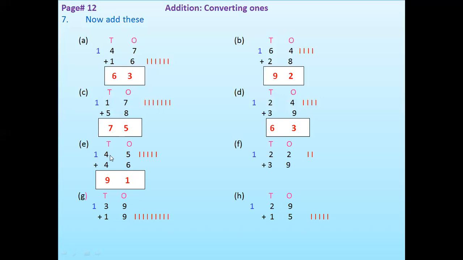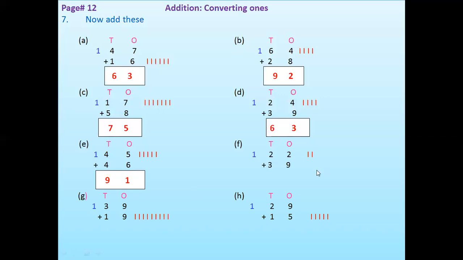But first tens. Both numbers are 2 digits of tens. 4 plus 4, 8. You can add these 4 plus 4 with the help of your fingers. Okay. 4 plus 4, 8, and plus 1, 9. So question 45 plus 46, answer is 91.